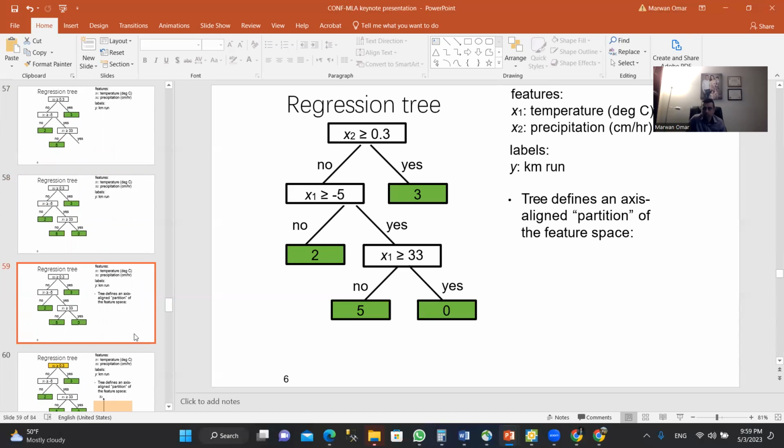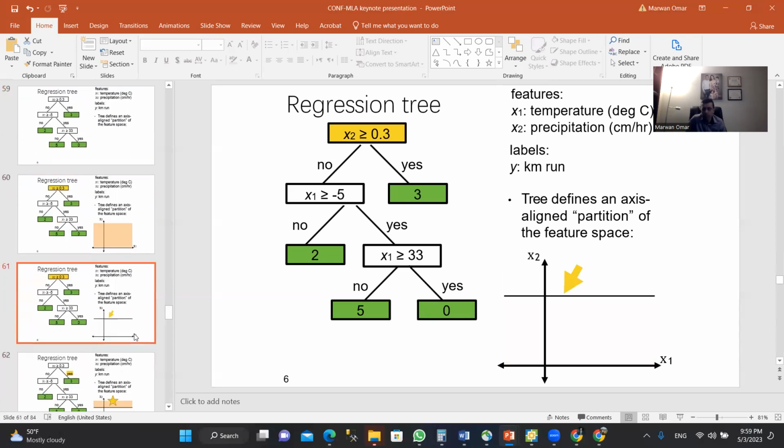So the tree defines and acts as a line partition of the feature space. So this is our feature space, and we split it into partitions, X1 and X2, because we have 2 features. So we have feature X2 and we have feature X1. If the answer is no, then that would be our feature space. If the answer is no, we will ask another question. If X1 is greater than or equal to -5, if the answer is no, that's where the star is.